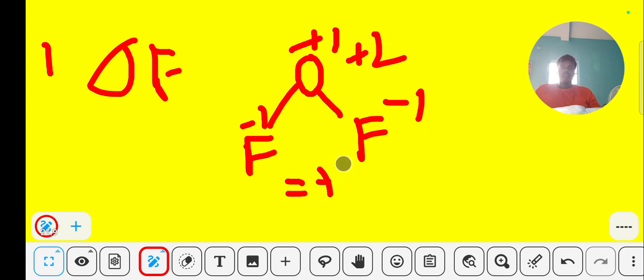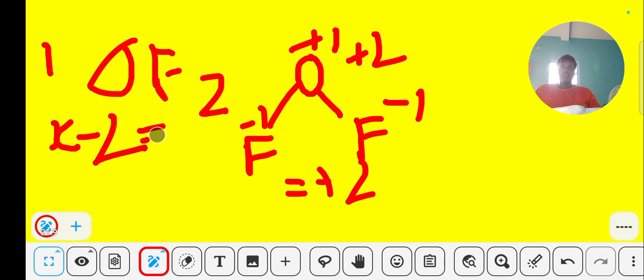If we write x minus 2 is equal to 0, then x will be plus 2.